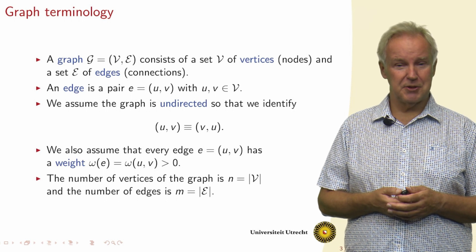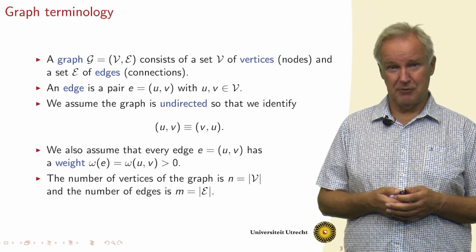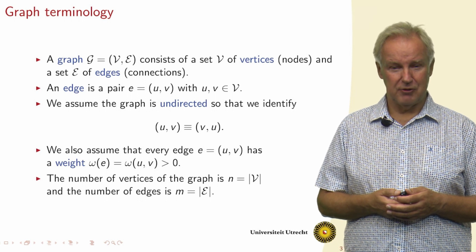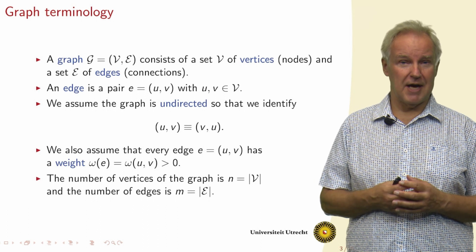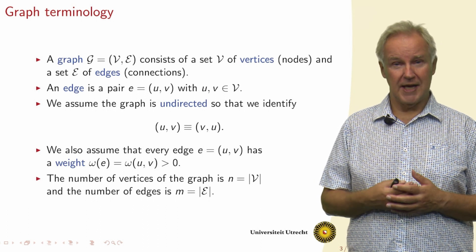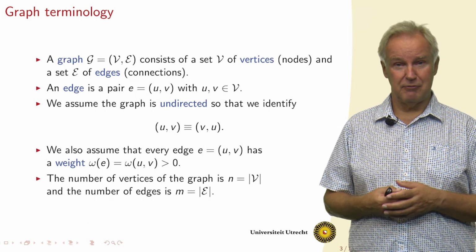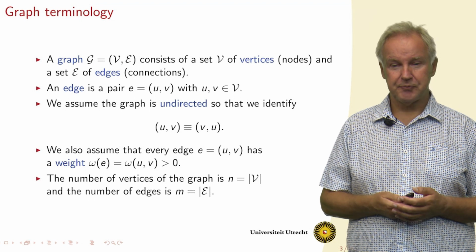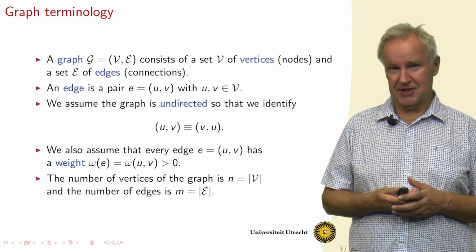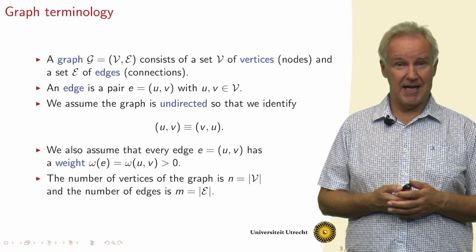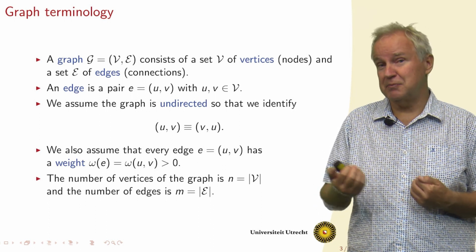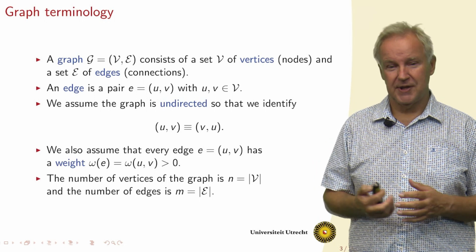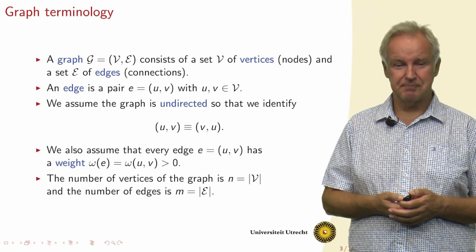And then an edge is a pair, e equals uv, with u and v in V. We assume that our graph is undirected, so we identify uv with vu. They are the same. We also, in this case, assume that every edge has a weight. You can think of it as the attraction between two people, but it can also be something else.